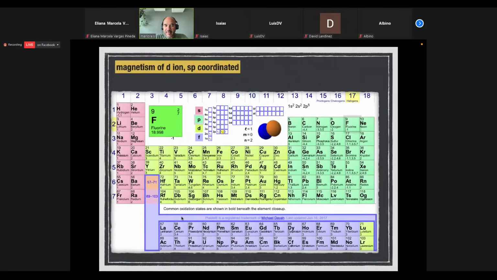Metal complexes can be constituted with two kinds of metal centers. Transition metals, usually from manganese to copper, like here: manganese, iron, cobalt, nickel, or copper. These are the standard transition metals for these materials.